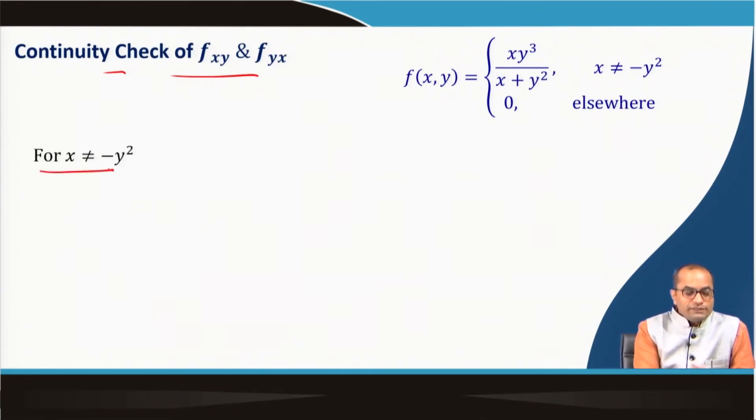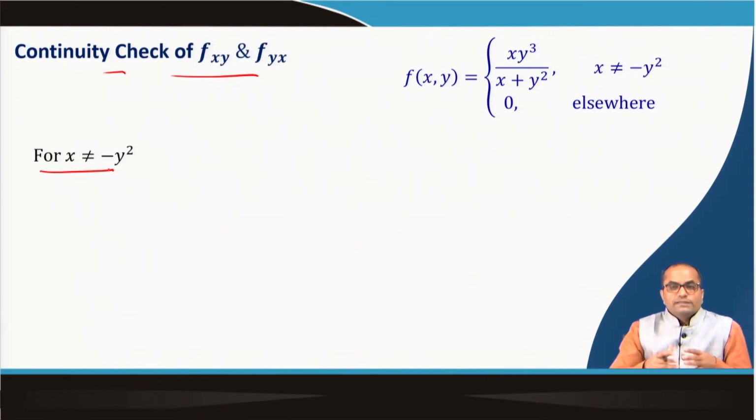So, for that, what we need to compute? We need to compute f_xy and f_yx at a non-zero point, a non-origin point. That means with this function xy cube over x plus y square, we will compute the derivative where x is not equal to minus y square. We can easily compute that.